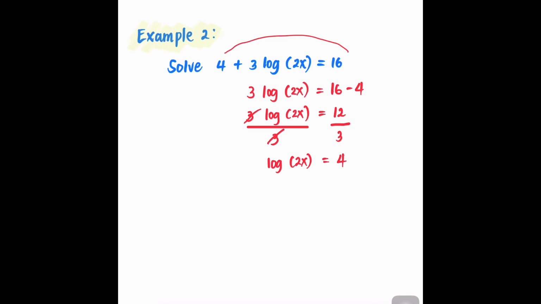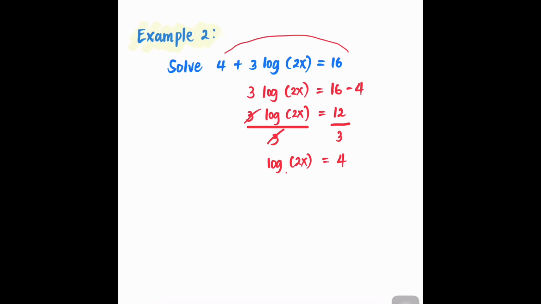Now, what are we gonna do from here? Maybe you're asking why you're not seeing any base here. It's only log of 2x. Definitely, this type of log is what we call the common logarithm. For a common logarithm, if you don't see any number right here, it doesn't mean that it's 0.